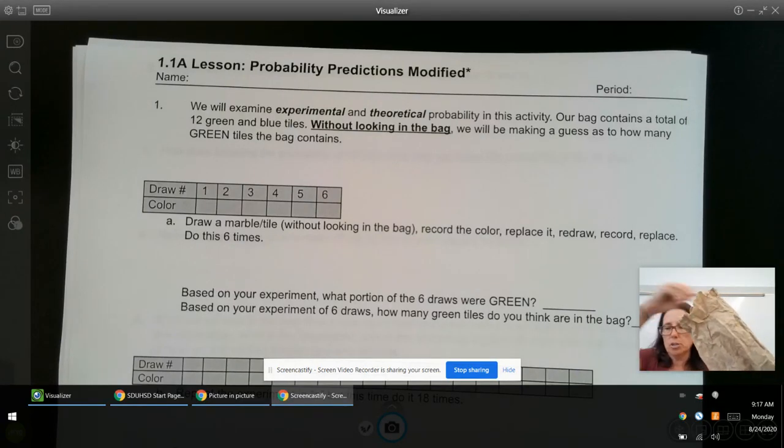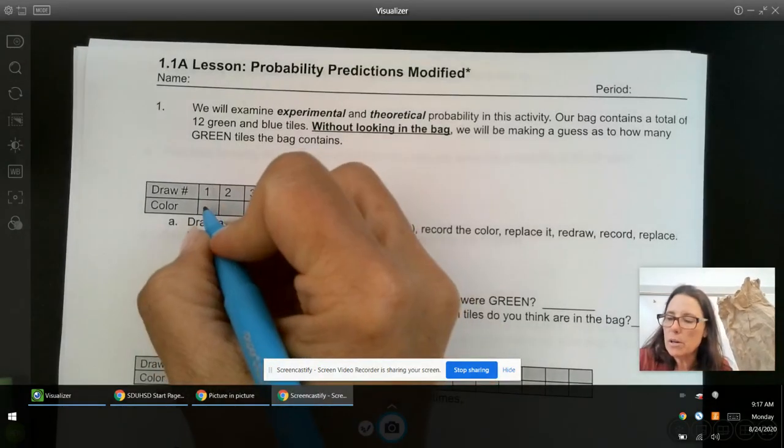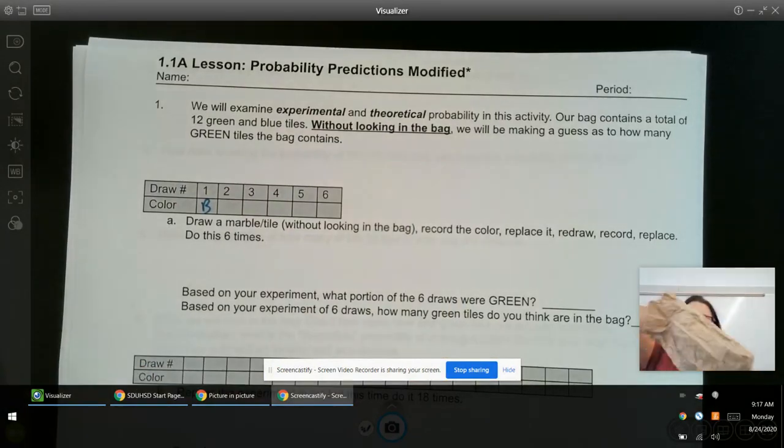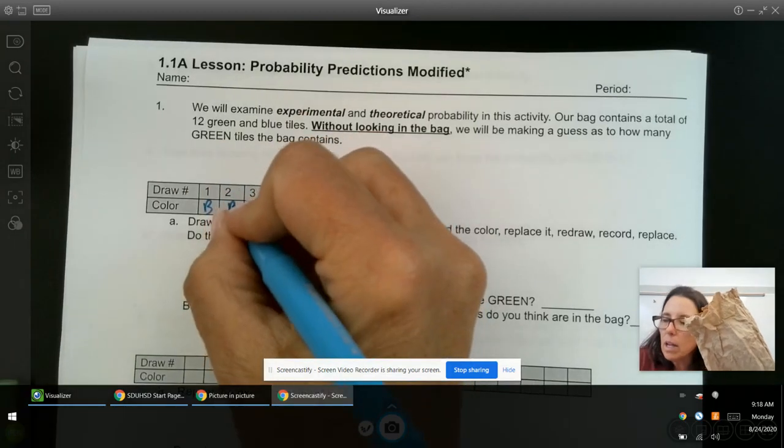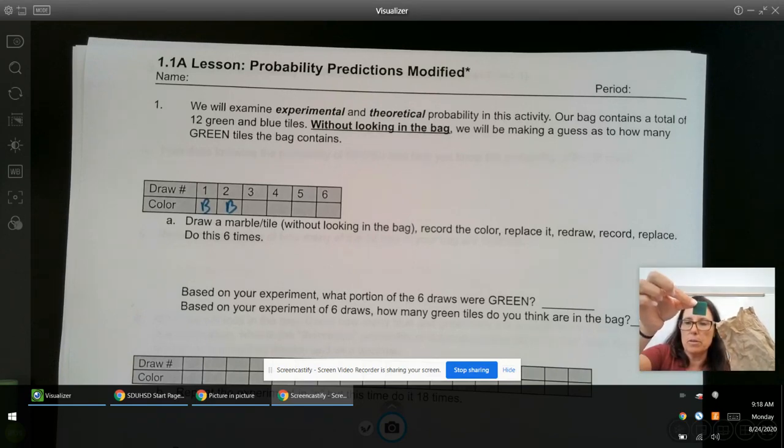Blue. Okay, so I just put it back in. So I'm going to put a B for blue. Second draw, blue. Third draw. Sorry, it's backwards. The screen's backwards to me.